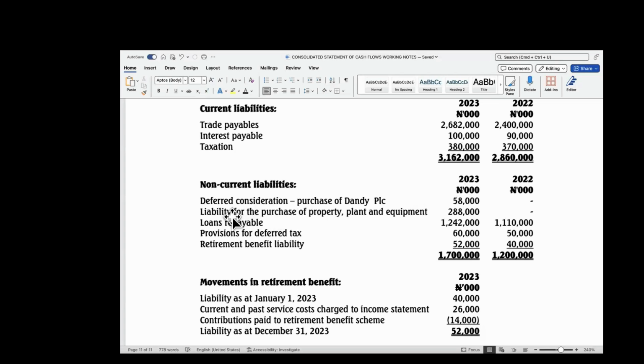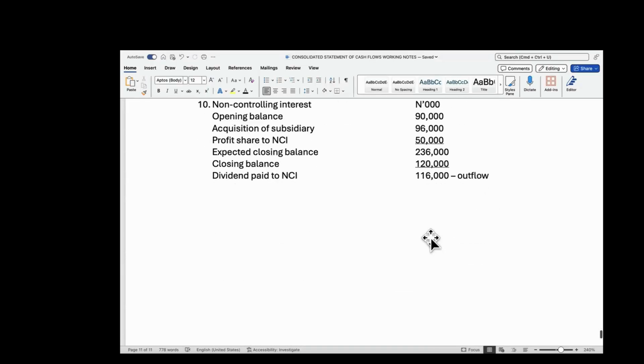Then the next one is liability for the purchase of PPE. So the borrowed money to buy assets would be an inflow. So this is an inflow of 288. So let me just note that.